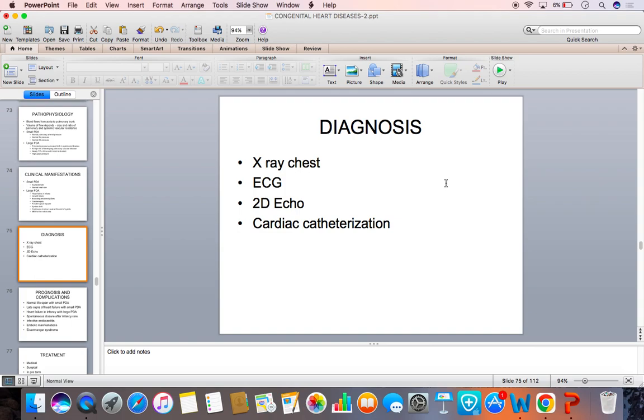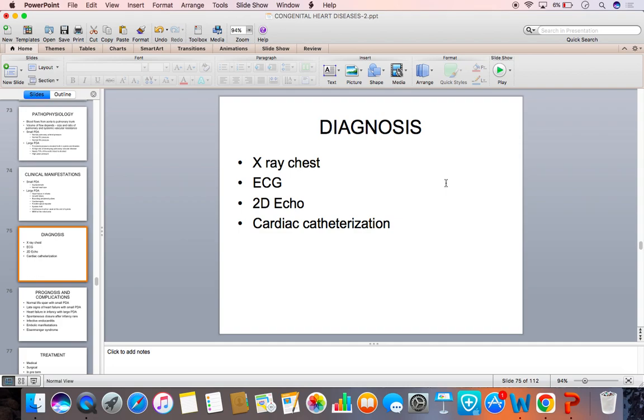Maybe right ventricular potentials are high, with high left ventricular potentials in the left chest leads, indicating the volume overloading of the left ventricle, and it's not significant, not diagnostic.